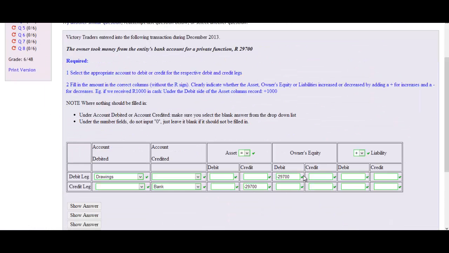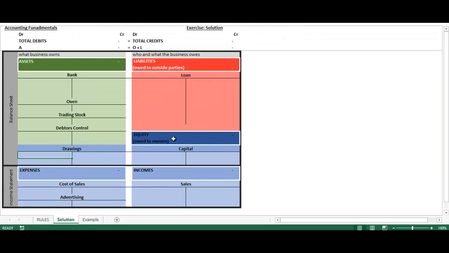I just quickly want to show you how this looks on our accounting equation here. Drawings increased by 29,700. Remember, drawings increase on the debit side. You see what happens to equity? Minus 29,700. My money in the bank decreased, so bank decreases on the credit side, right?